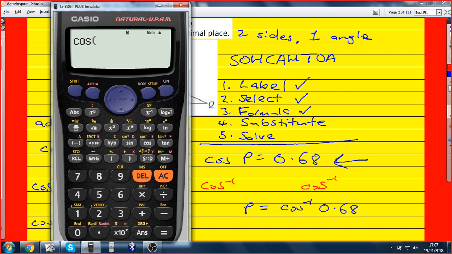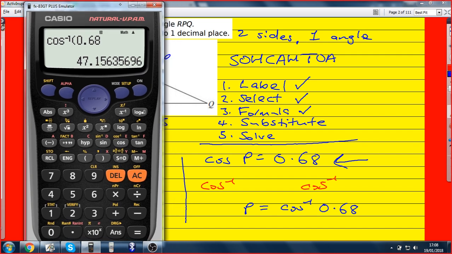If I press cos, I just get cos. What buttons do I have to press to get that little yellow cos -1 just above it? It's x -1. Nope. So basically this cos is yellow, so you have to press this yellow shift first. So shift cos gets you that. Yeah, so shift cos 0.68.